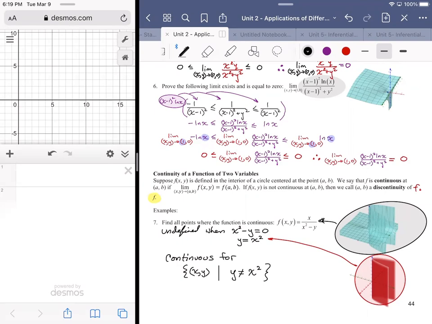We're just stating the condition for which it would be continuous, which is eliminating the case where it would fail to be continuous.